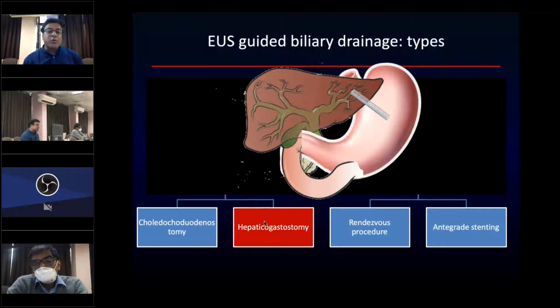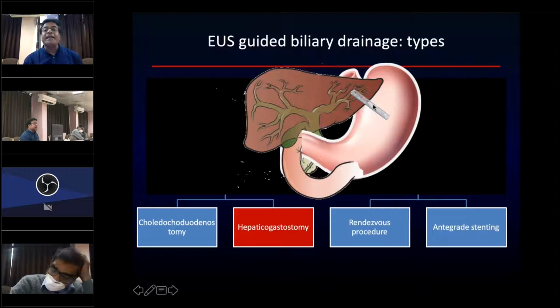The second procedure that we do is a hepaticogastrostomy, where we position a scope, EUS scope, just below the GE junction, puncture through the stomach into the left hepatic duct, and then dilate the tract and finally deploy a stent.